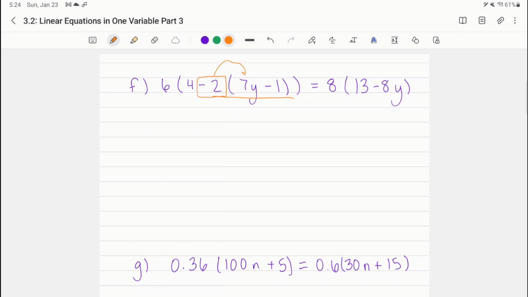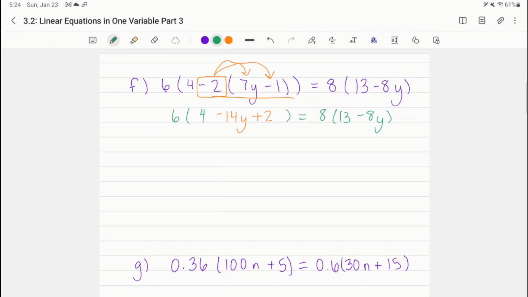So negative 2 times 7y, negative 14y. Negative 2 times negative 1, positive 2. Then we still have the 4, parentheses, 6 equals 8, 13 minus 8y.